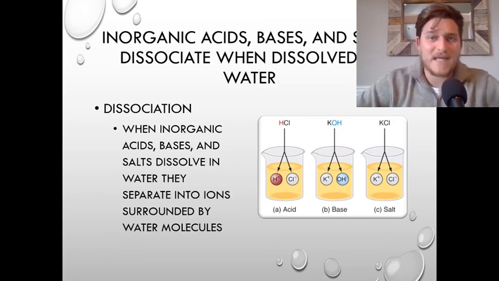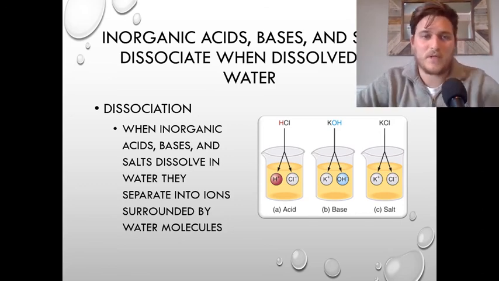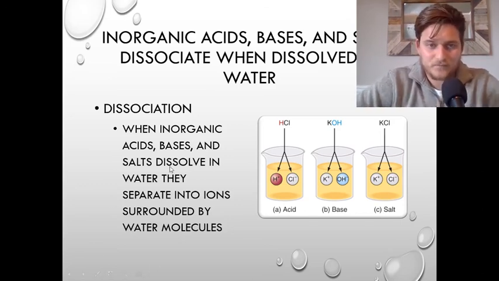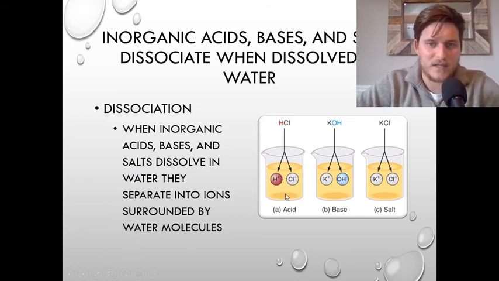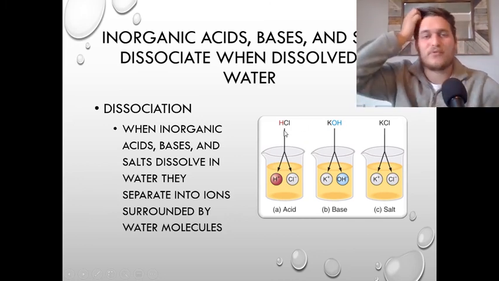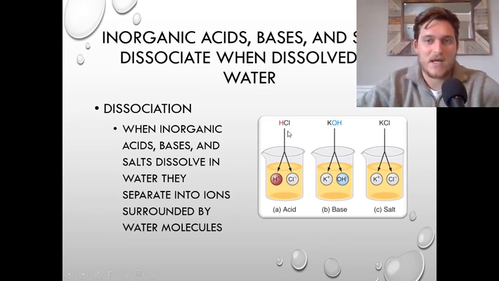And so acids, bases, and salts, when they are put into water, they are going to dissociate. When they're dissolved in water, they are separated into ions. So this acid here, acids are known as proton donors.